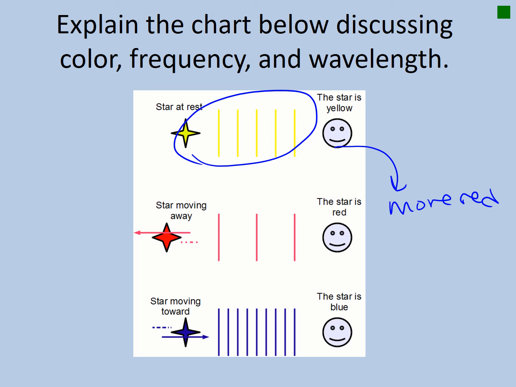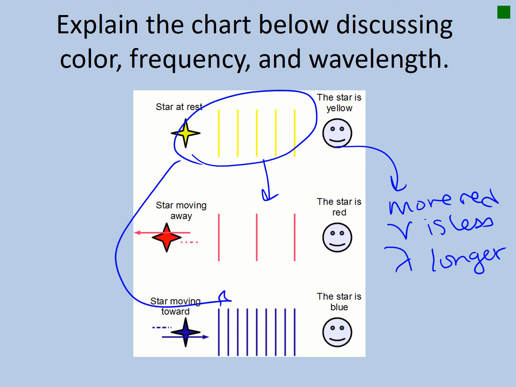Your frequency, f, is less, so you become less frequent, and your wavelength is longer. Notice that's the translation. Then when we go towards this one, we notice that it is more blue, more towards the blue coloring on the ROY G. BIV. The frequency is more, and your wavelength is shorter.